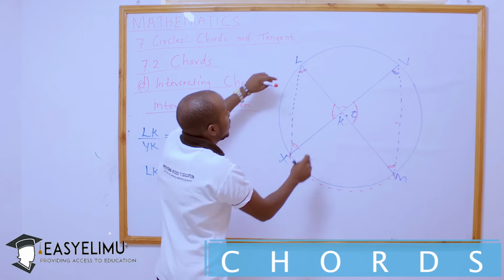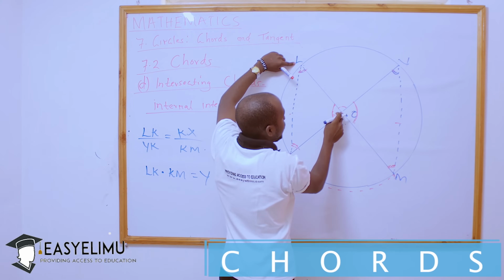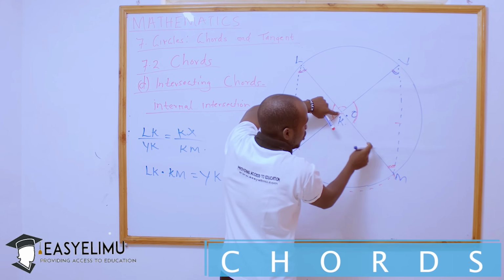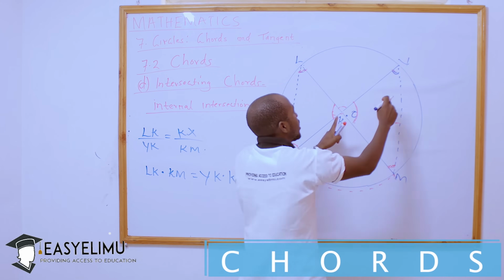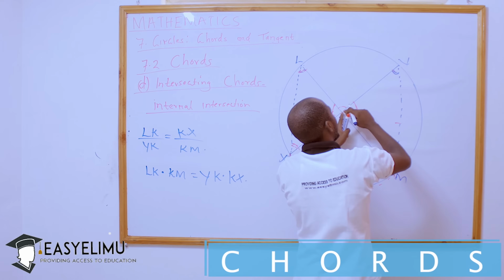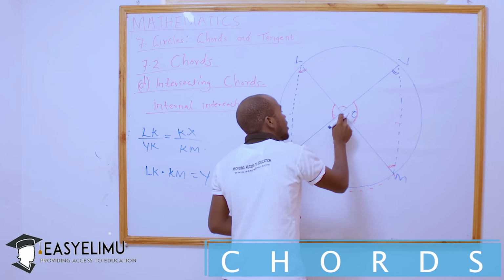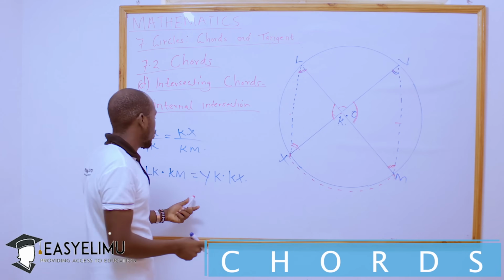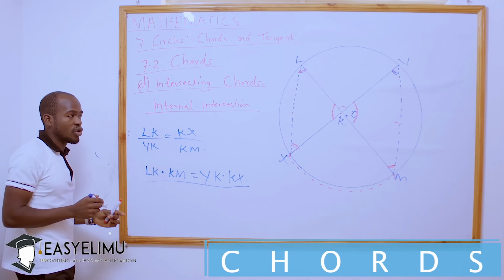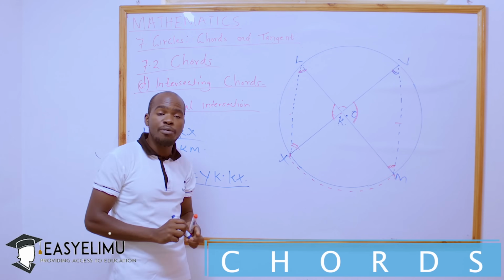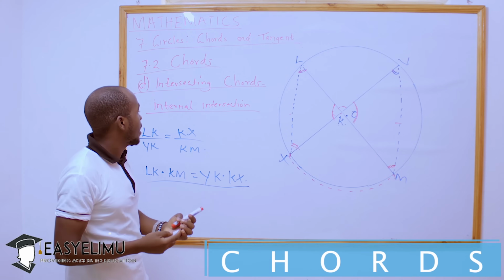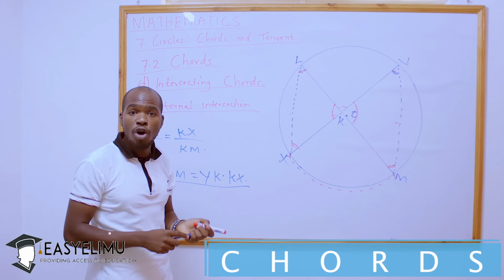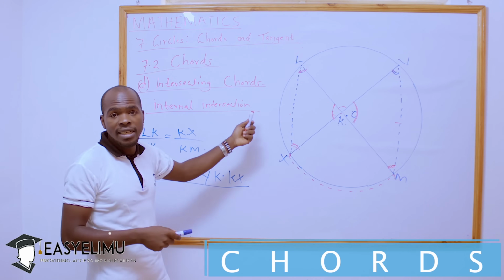So meaning that the distance from here to the intersecting point, multiplied by the remaining one, is equal to the distance of the other chord to the intersecting point multiplied by the distance from the intersecting point to the other side. So that is what we are having here. So we shall be using this relationship to calculate the missing length of a given chord which intersects internally.